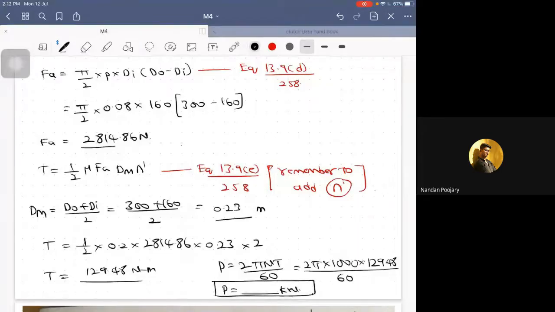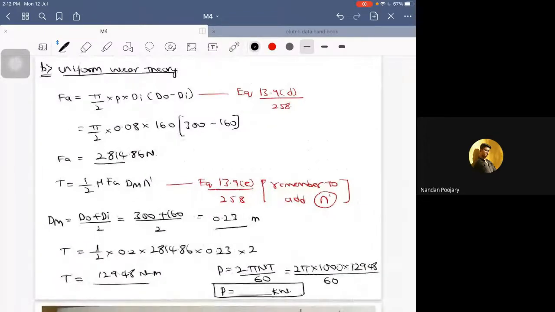Please give the value in kilowatts directly. It is 13.55 kilowatts. So there ends the problem.